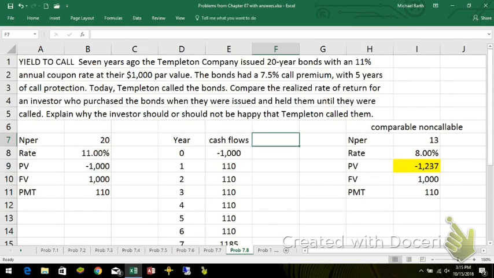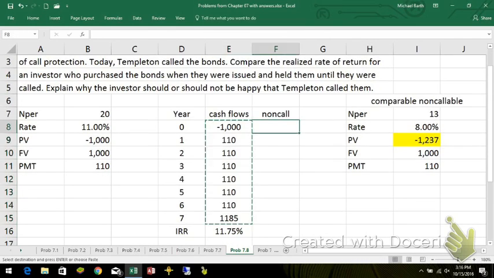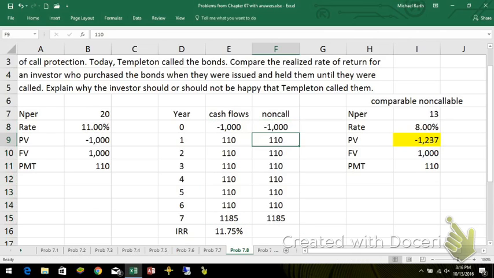So what we can see is if this investor, instead of buying a callable bond, had bought a non-callable bond, all of this would have been the same, except that he could have sold it at the end of year 7, but not for $1,075.